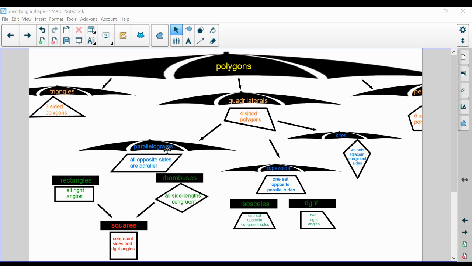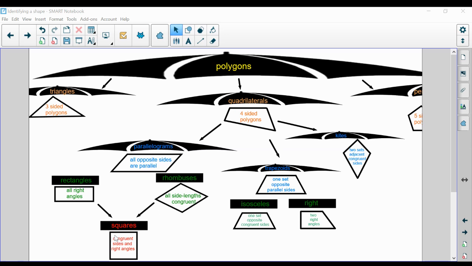Under the parallelogram umbrella, there's even more types of parallelograms. There are rectangles. Those rectangles are actually a kind of parallelogram that has all 4 right angles. There are also rhombuses. Rhombuses are parallelograms, but their main criteria is they have all 4 side lengths the exact same. And finally, if you cross a rectangle with a rhombus, you get a square.